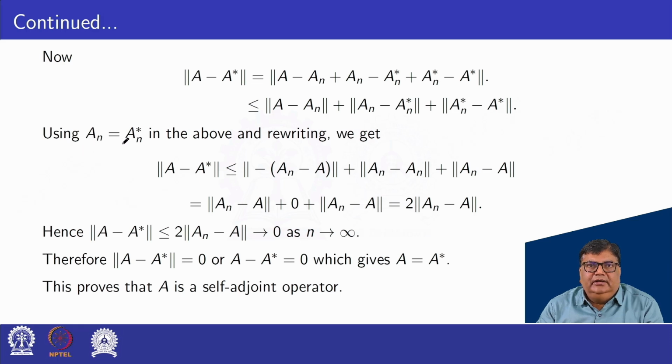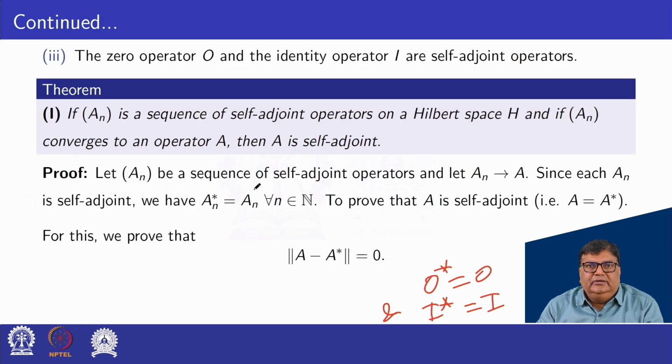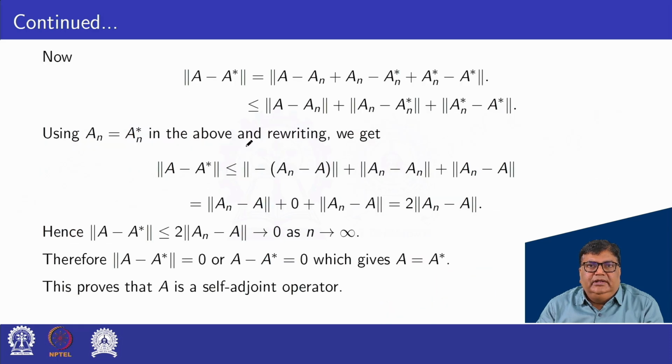Using An equal to An star, and rewriting the above, we get this one. Here, taking the common minus, we can write this as norm of minus (An minus A), plus An minus An star, because An star is equal to An.